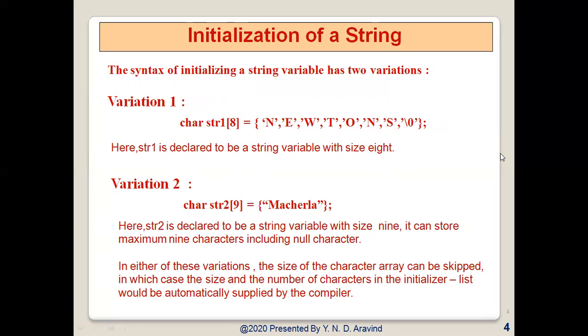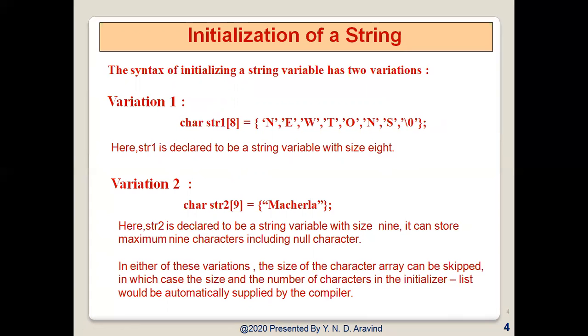The total length of Newtons is 7, and with the \0 null character, the total size is 8. So str1 is declared to be a string variable of size 8. It can store a maximum of 8 characters.